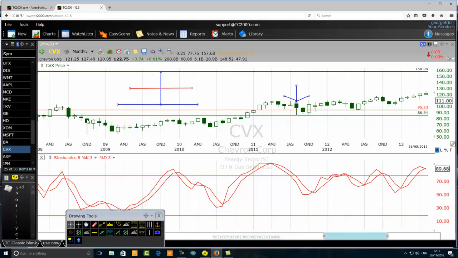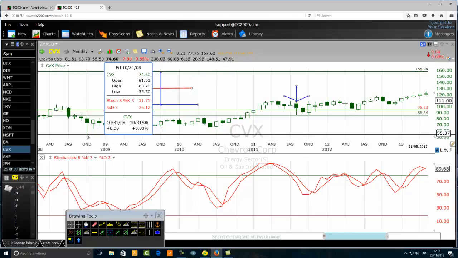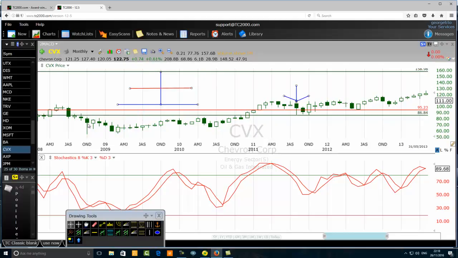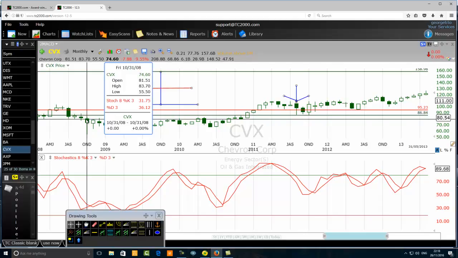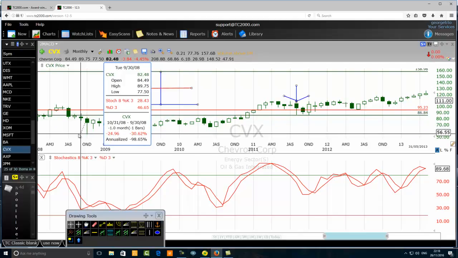Though the opening price is superior to the closing price, this is a bullish day because the stock did open here. Though it closes below the opening price, it went down all the way here, especially if it's a long range candlestick bar. But it went all the way here at $55. So price did open somewhere in the zone of $80, went down all the way on that particular month to $56.